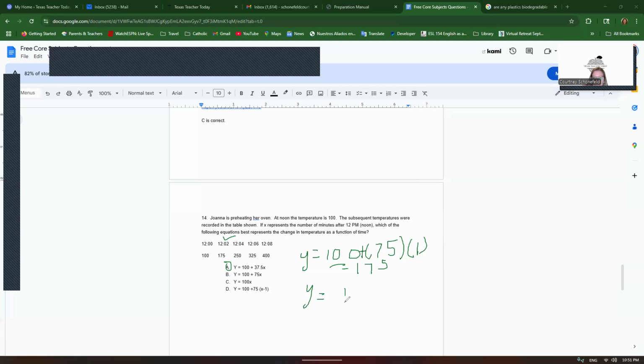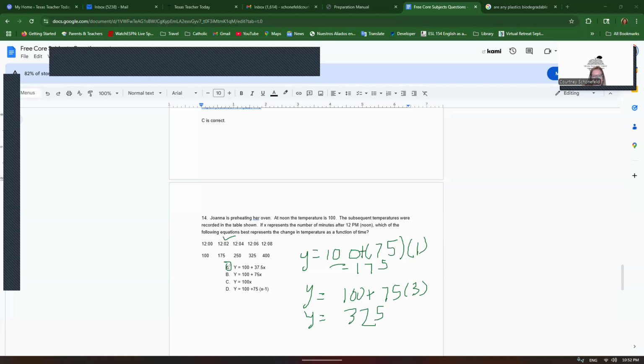Y equals 100 plus 75 times x minus 1. So 4 minus 1 is 3. So this would be 75 times 3, which is 150, 225. So y equals 325. So see how that one's not right.